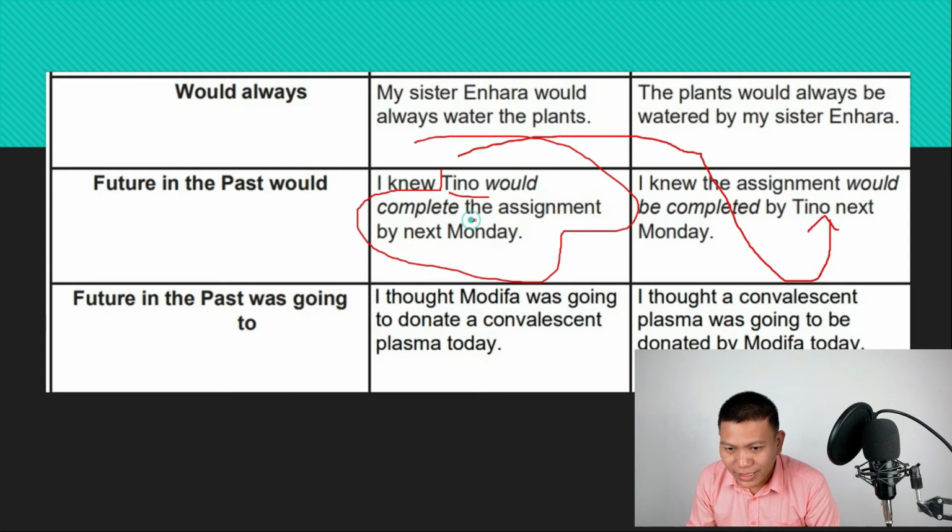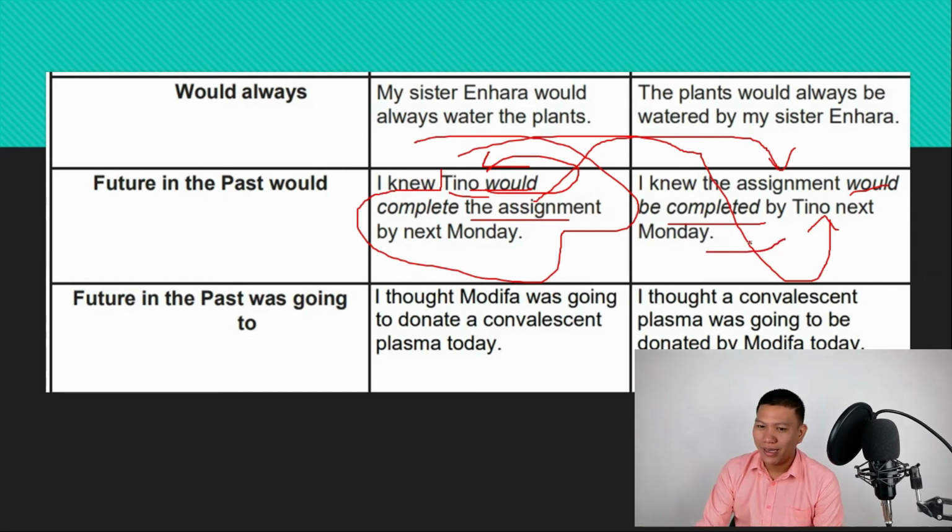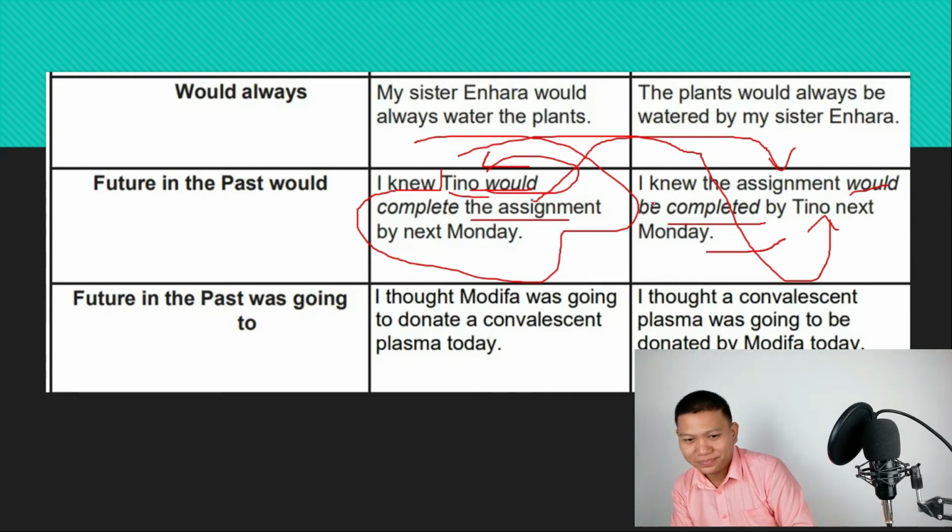So assignment will become the subject. I knew the assignment, and then would, and then plus be, would be completed by whom? By Tino. When? By next Monday. Okay. So I knew the assignment would be completed by Tino next Monday.